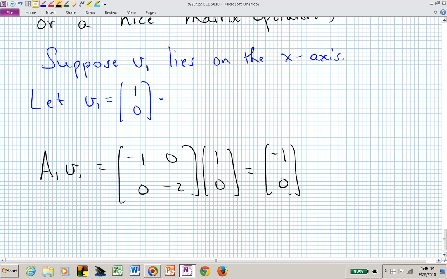I now have -1, 0. That's now my output of taking this vector v1, my input vector, and mapping it through the matrix A. But we can rewrite that output as a scalar, minus 1, times our original vector v1.